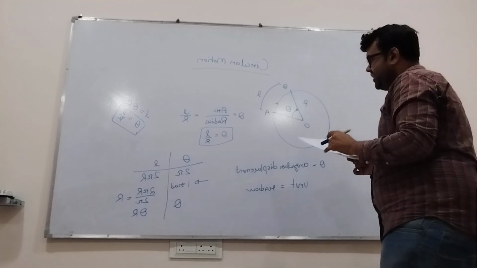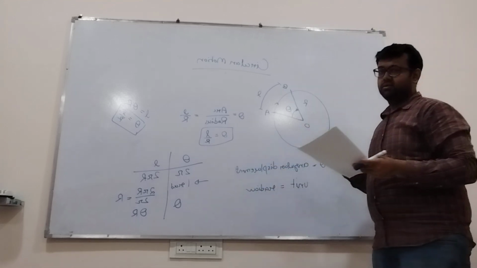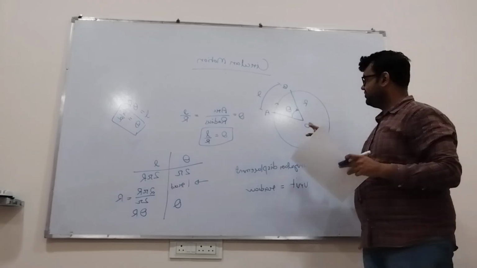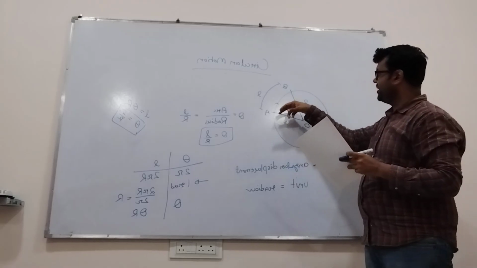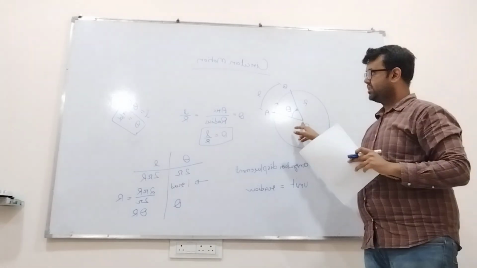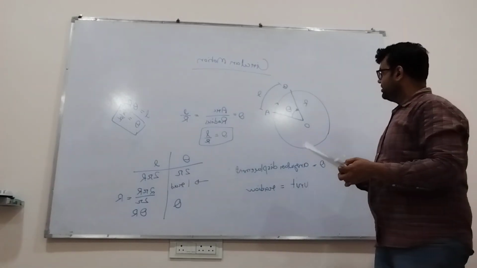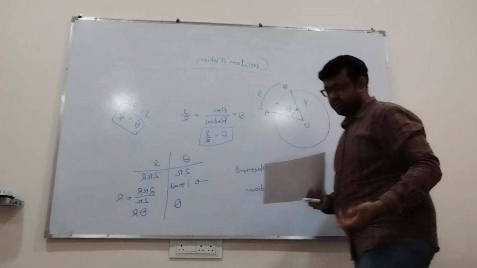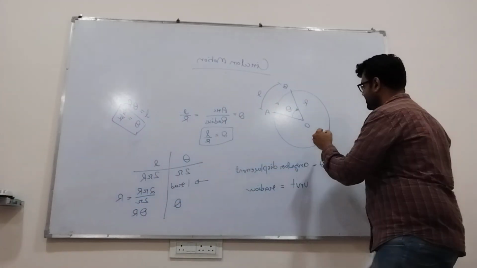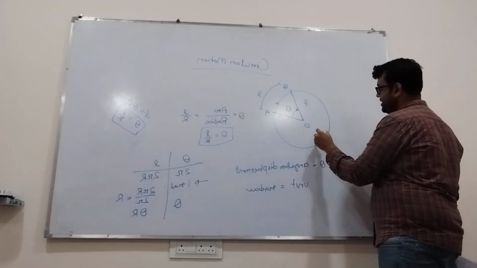See, when I am doing this, the observer is at the center of the circle. We are seeing this object moving from A to B while standing at point O. Now suppose there is another observer somewhere here, O dash.